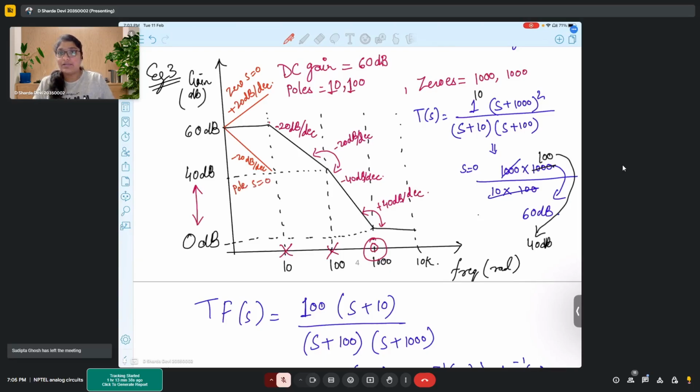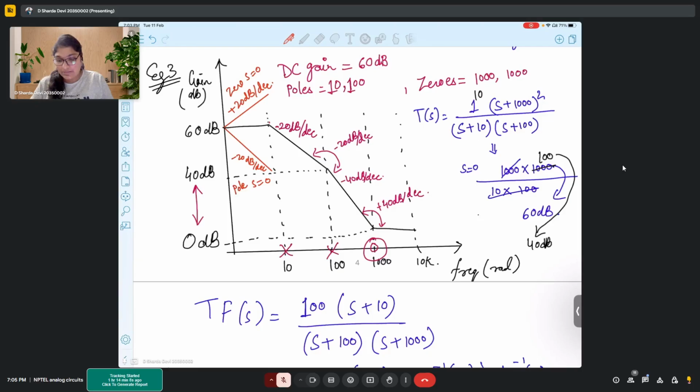Is this clear? This also you have to keep in mind. The idea is that the beginning of your graph will start with either increasing or reducing slopes if you have poles and zeros at zero.